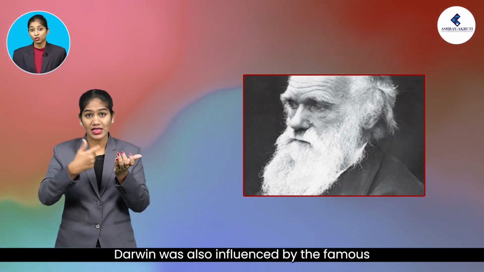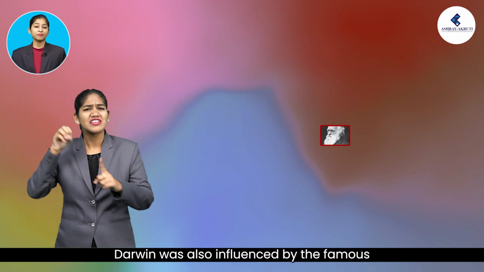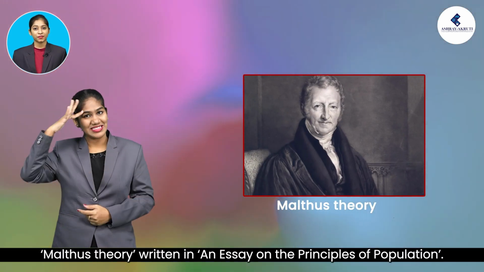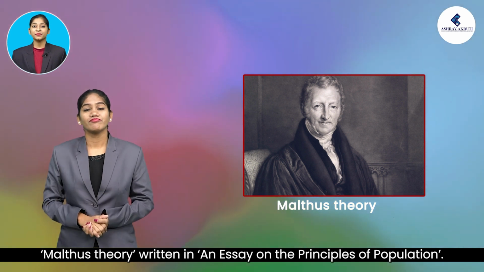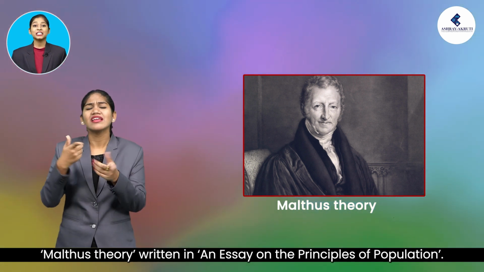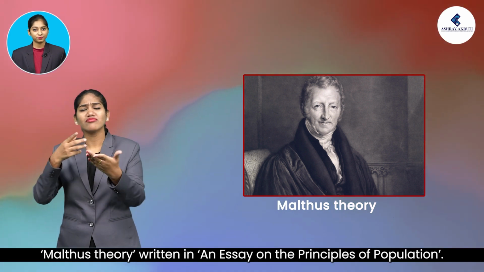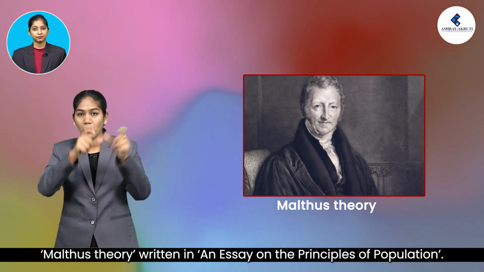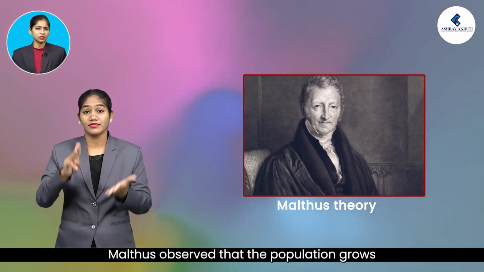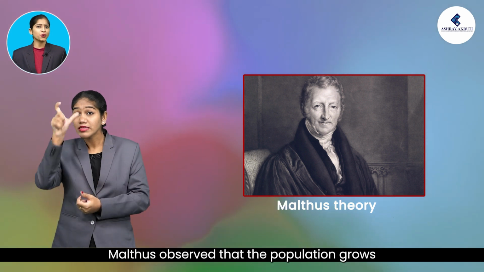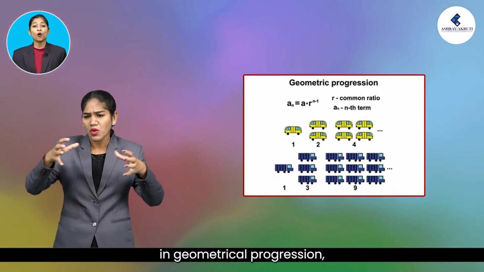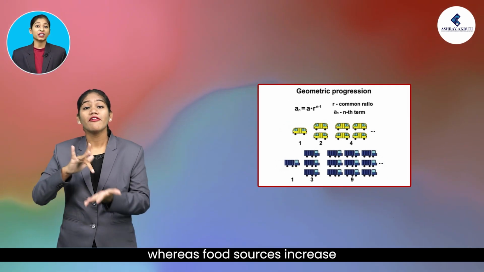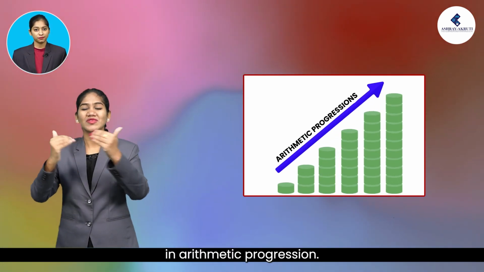Darwin was also influenced by the famous Malthus theory, written in an essay on the principles of population. Malthus observed that the population grows in geometrical progression, whereas food sources increase in arithmetic progression.